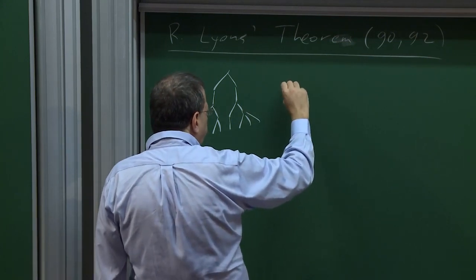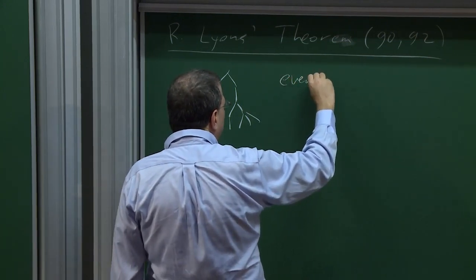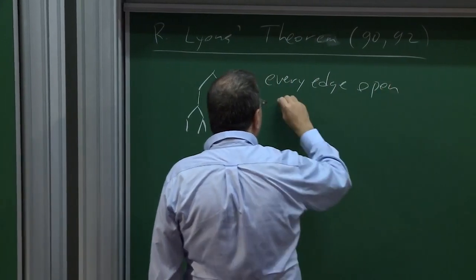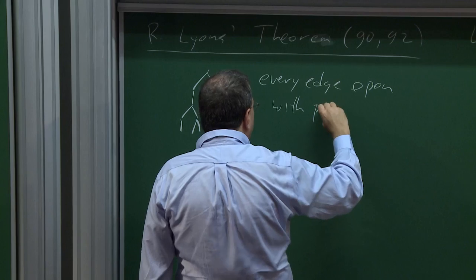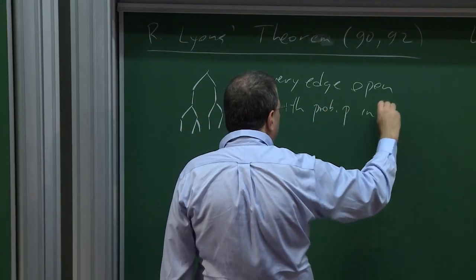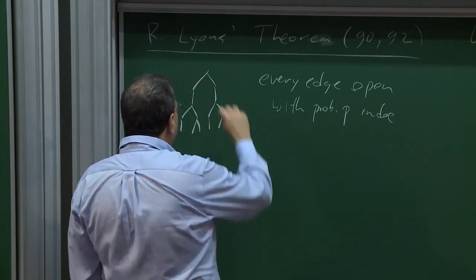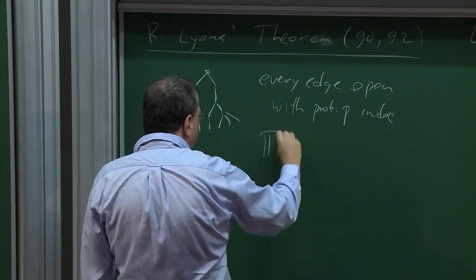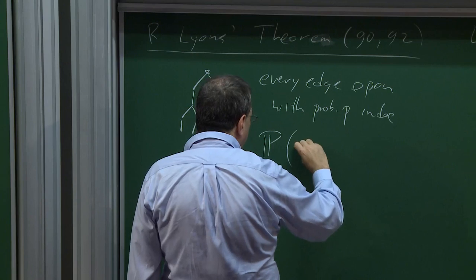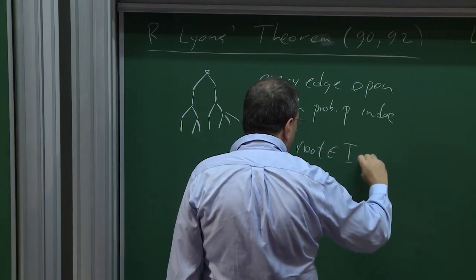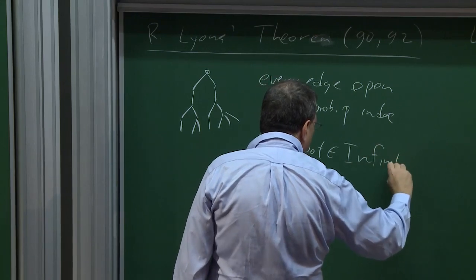We have every edge open with probability p independently. And then we have some root, and we ask what is the probability that the root is in an infinite cluster, an infinite open cluster.